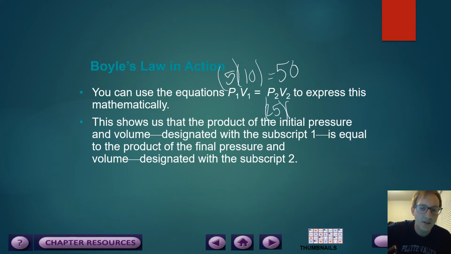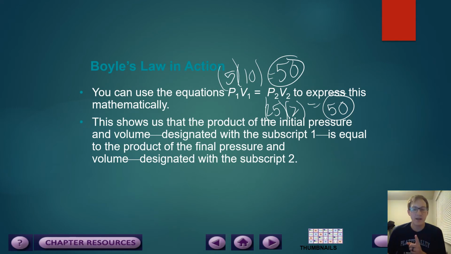Well, that automatically tells you that the volume had to be 2, because I know that 25 times 2 is also 50. These two numbers always have to match up. The initial pressure times the initial volume always has to equal the final pressure times the final volume. You can't get some different value when you're doing this equation.